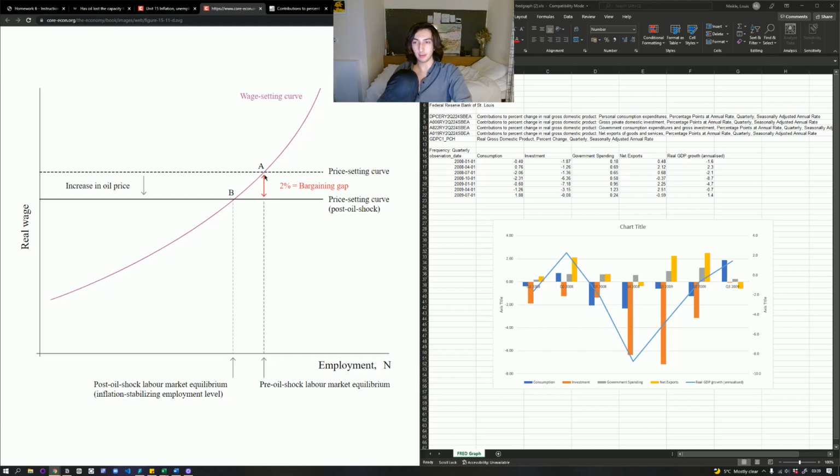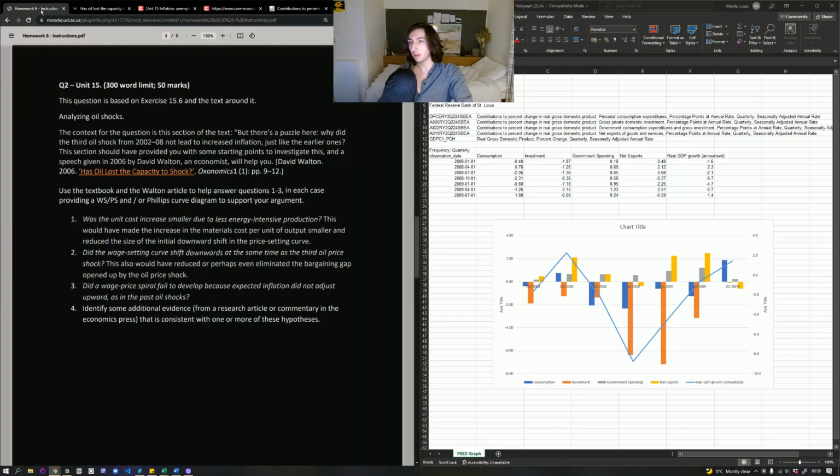So you have that initial bump in the bargaining gap, and then you go back down. I think that's right. And then with the new one, if the wage setting curve moves down, the equilibrium moves back to where we were before.